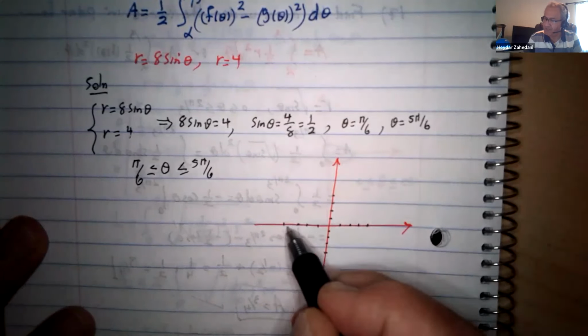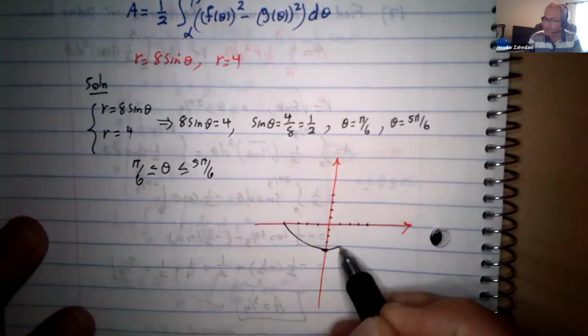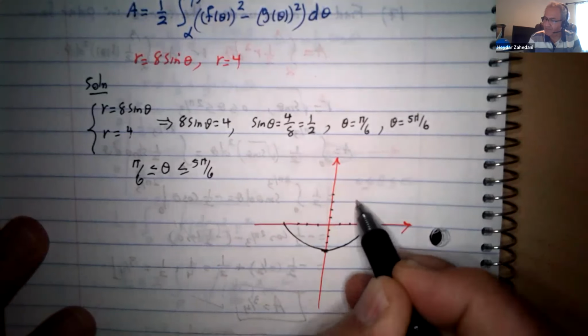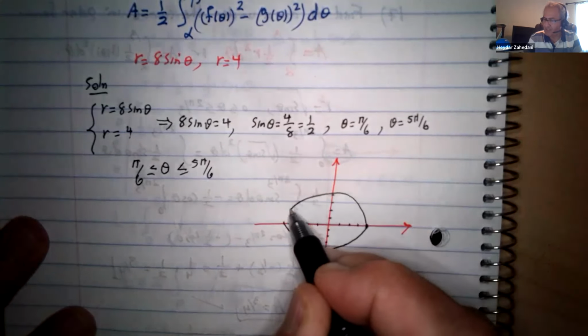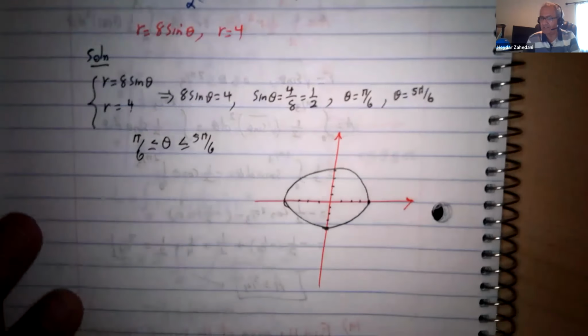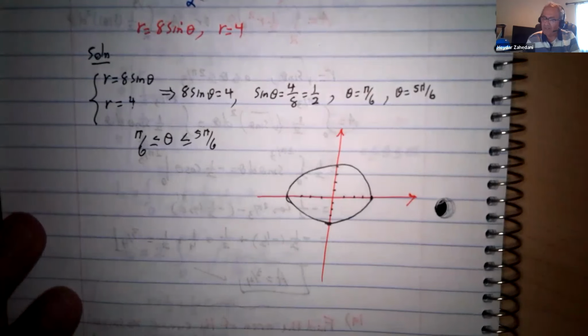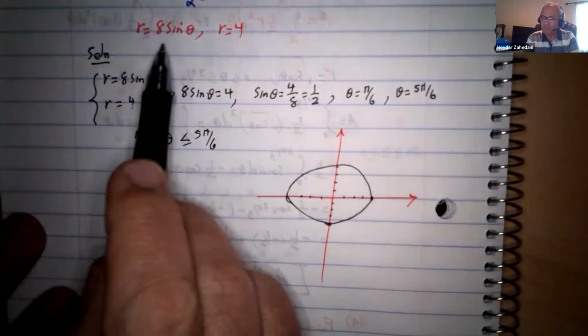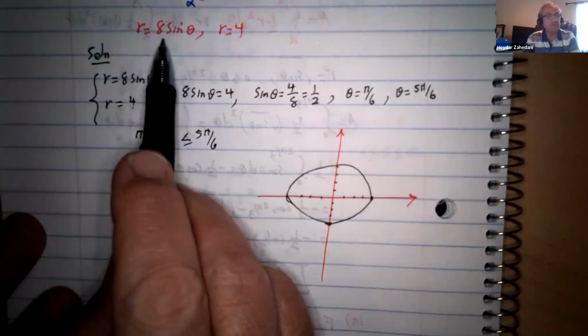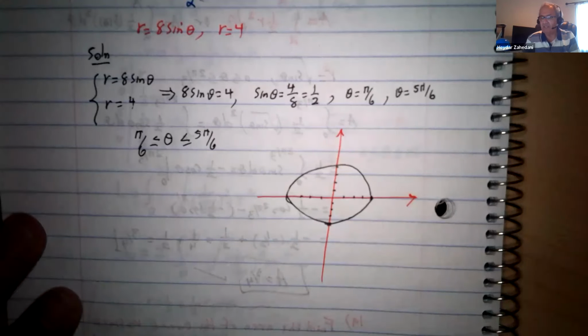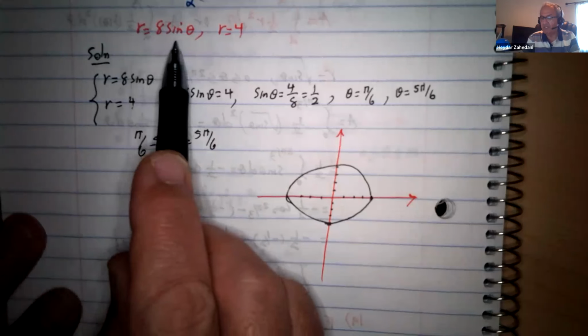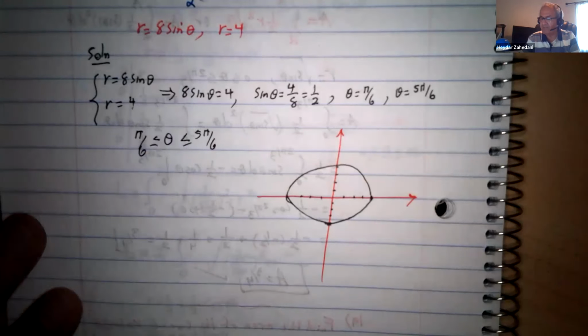So if you graph the first one, it is going to be this one. Okay, and if we do the second one that we got over here, r equal to 8 sine theta, this is going to be a bigger one.